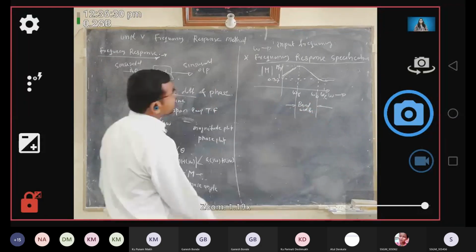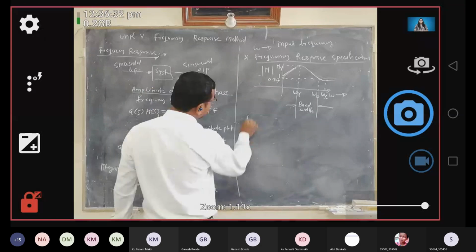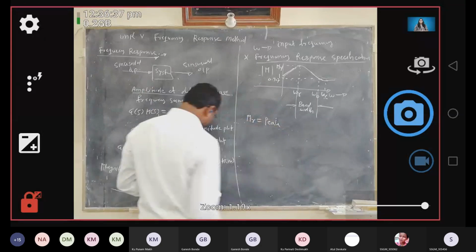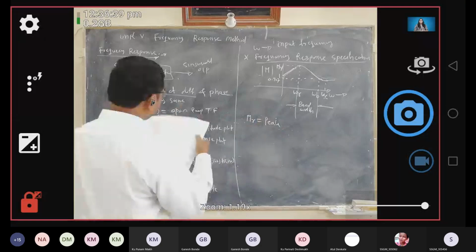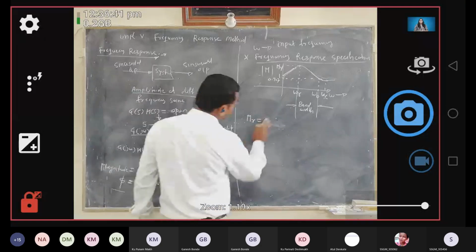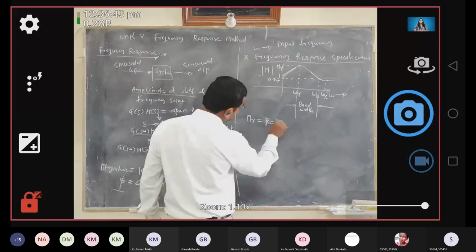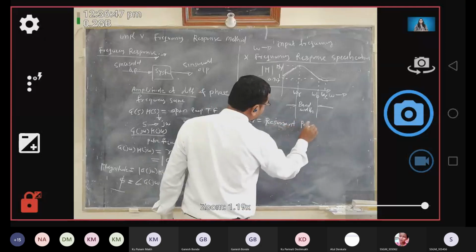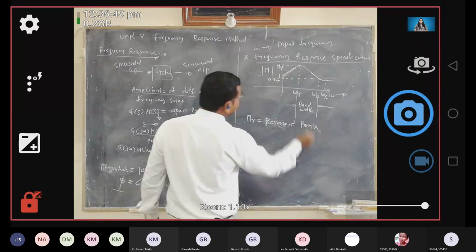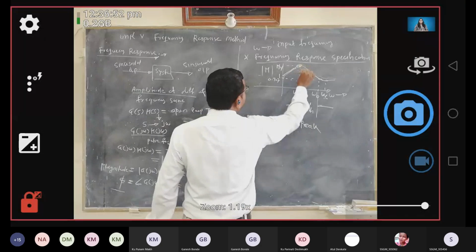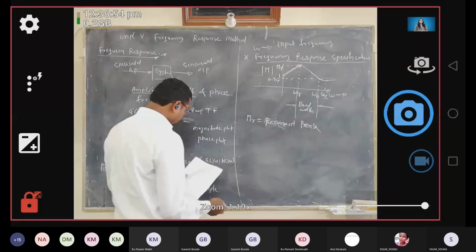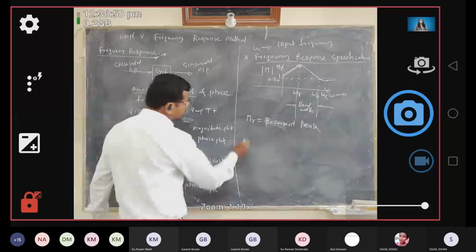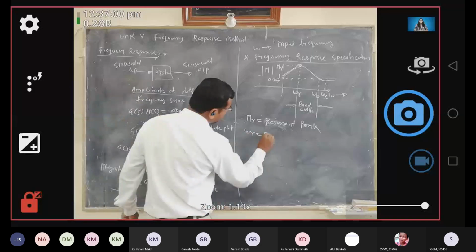Okay, so these are the frequency response specifications. Mr is called the peak amplitude, or resonant peak. Corresponding to the resonant peak, we get omega r, which is called the resonant frequency.